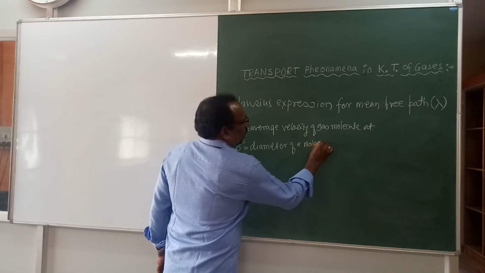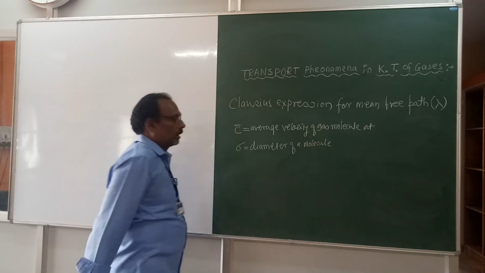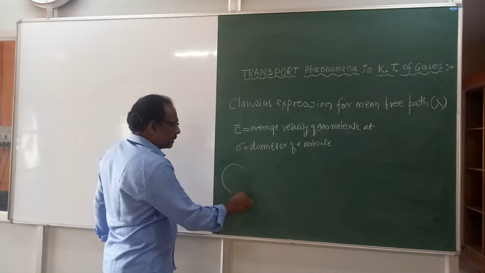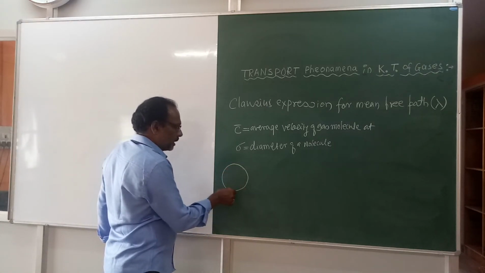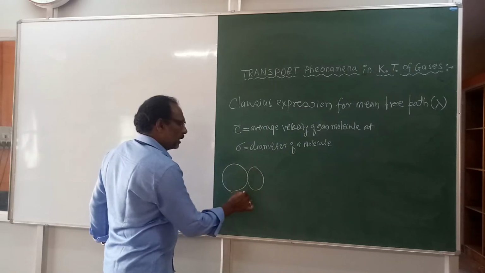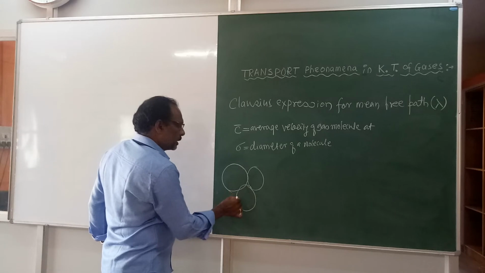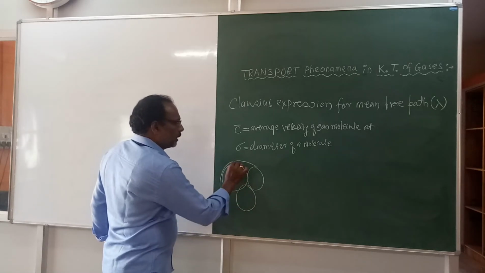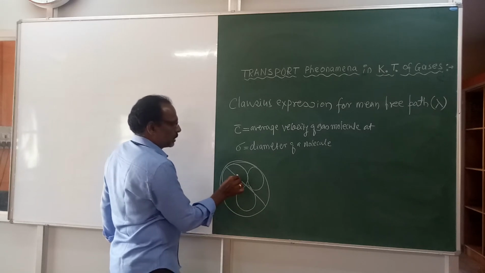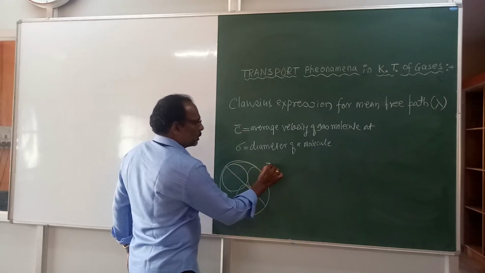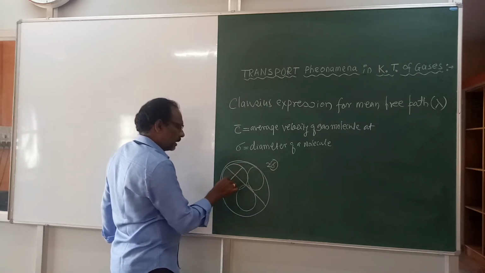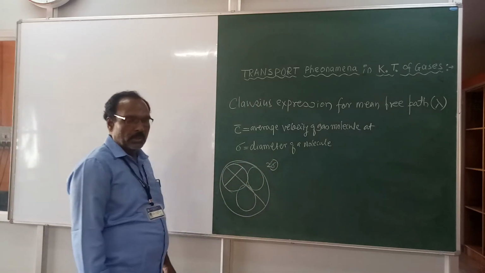Here we have assumed that every molecule is spherical in size, an identical sphere. When one molecule collides with another molecule, they have what is called a sphere of influence, and the diameter of the sphere of influence is equal to 2 times sigma, where sigma is the diameter of a molecule.